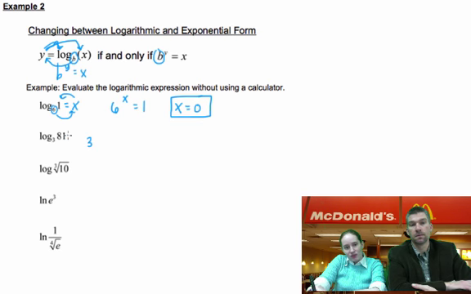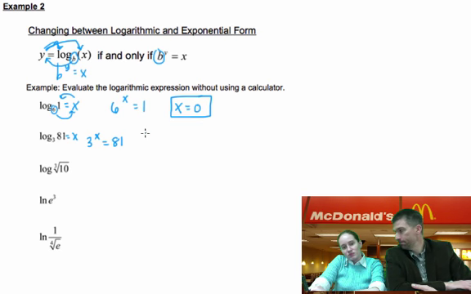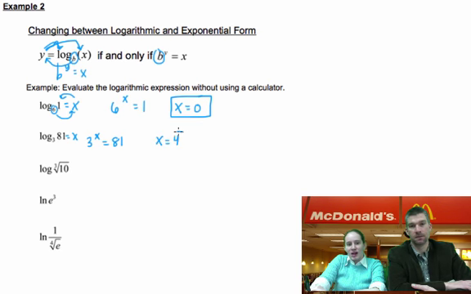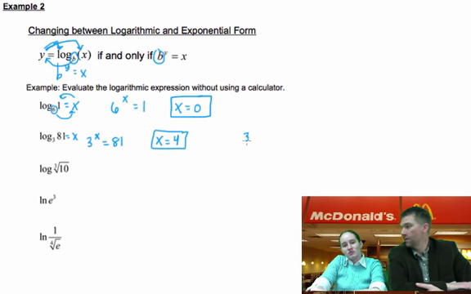Here we have log base 3 of 81 equals x. So 3 to the x equals 81. So 3 to what power is 81? 3? No. 4. Yes, 3 to the 4th power is 81. How would you go about figuring that out if you didn't know? Well, you could ask yourself, what's the square root of 81?